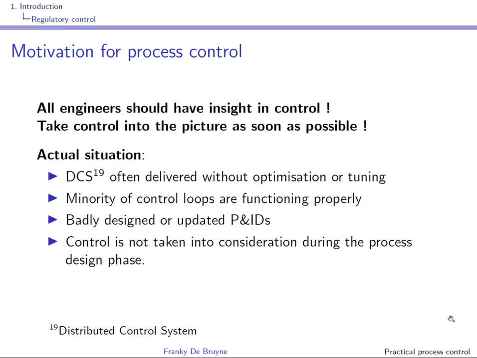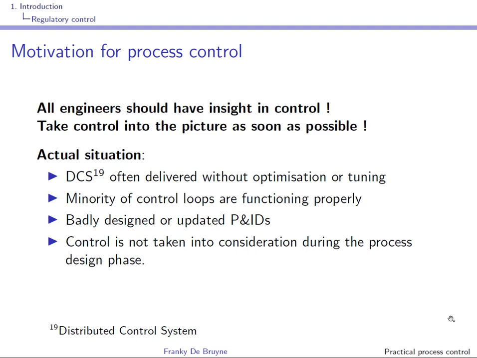Control systems are often delivered without optimization and tuning. The optimization is left for later, but later never comes, and the result is that a minority of control loops are functioning properly. I will show you some surveys that really prove this.